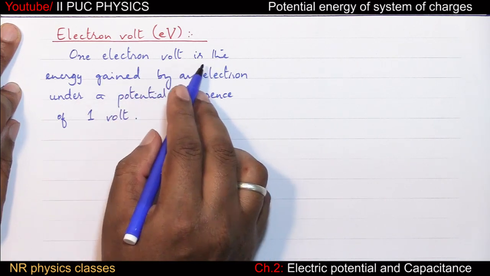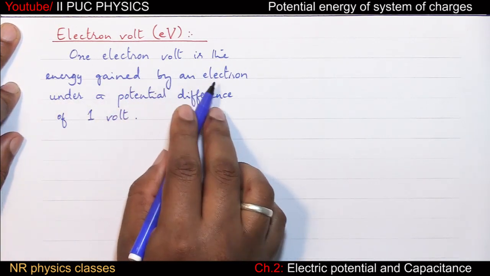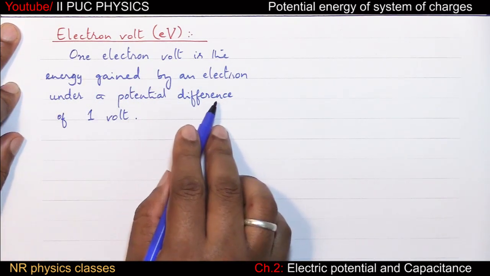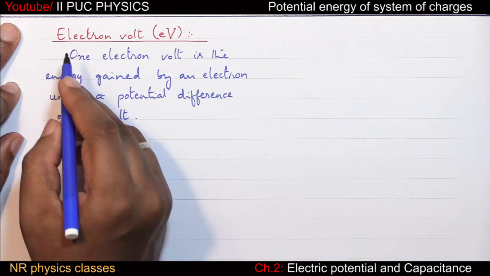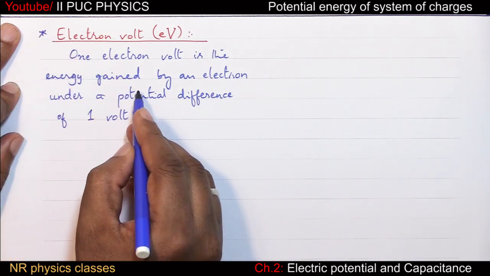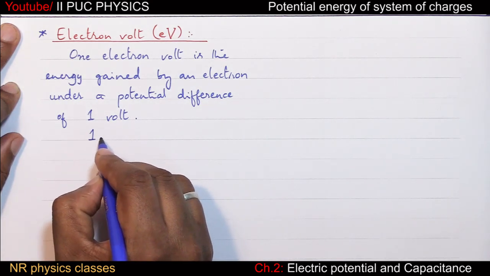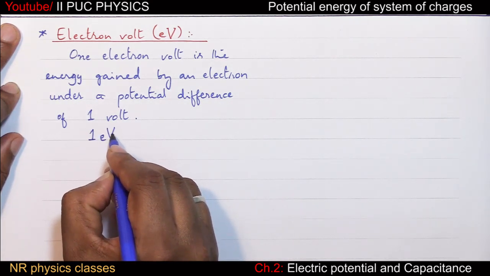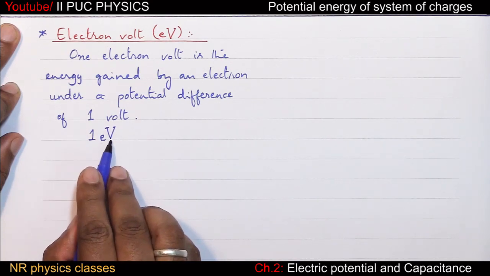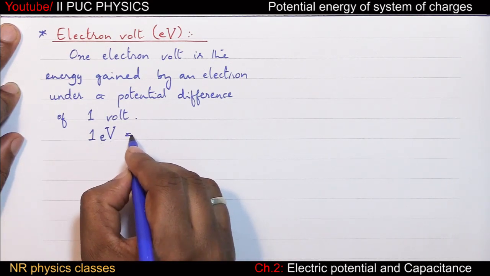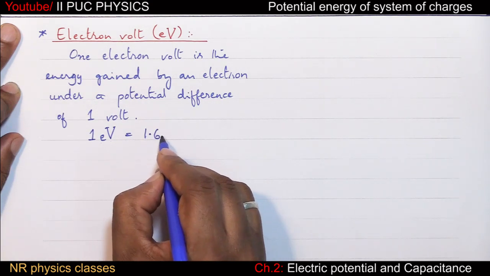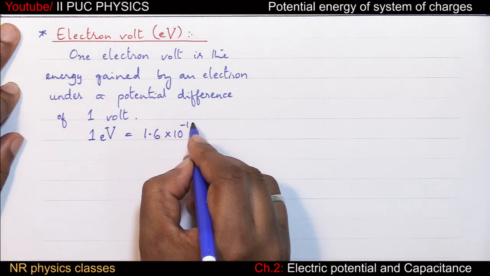One electron volt is the energy gained by an electron under a potential difference of 1 volt. So this statement is important for 1 mark question. And 1 electron volt, small letter e, capital letter V, equals 1.6 into 10 to the power of minus 19 joule.